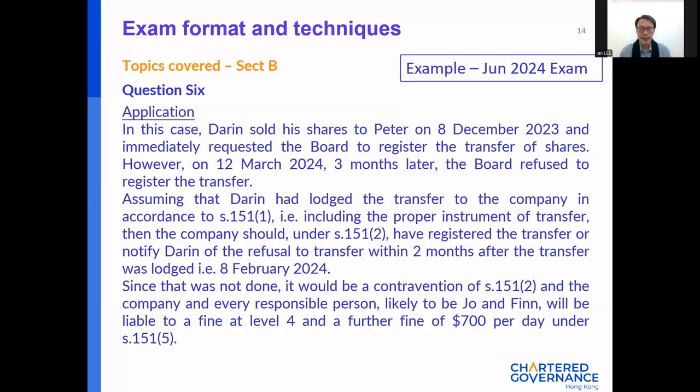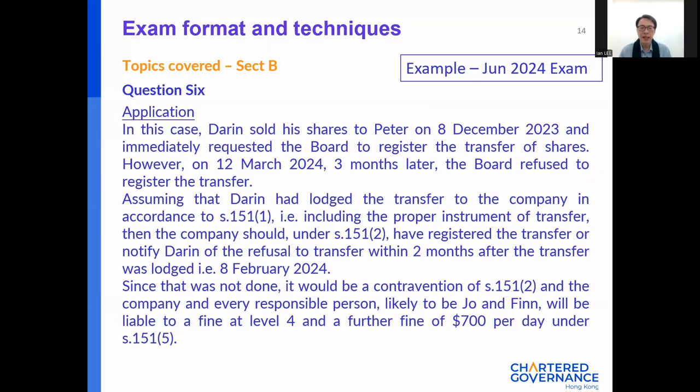Now, in this case, that means they should have notified Darren by the 8th of February 2024. In our story, they only notified the refusal on the 12th of March, 3 months later, so 1 month longer than they should have. So in that case, that's a contravention of section 151, subsection 2.